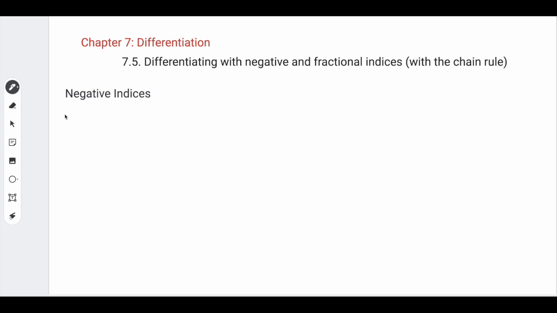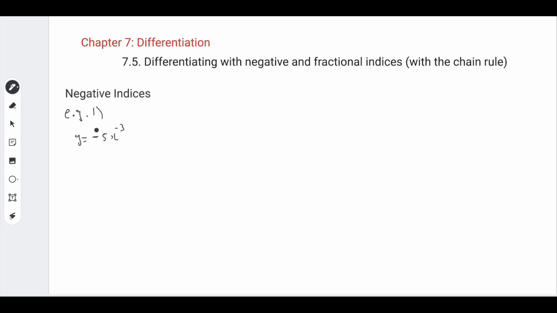So we've been speaking about the chain rule and differentiating with the chain rule, but so far we've only really looked at one kind of question, which is when we have questions like, let's say, minus 5 x to the power of minus 3, right? So we know how to differentiate this without using the chain rule.